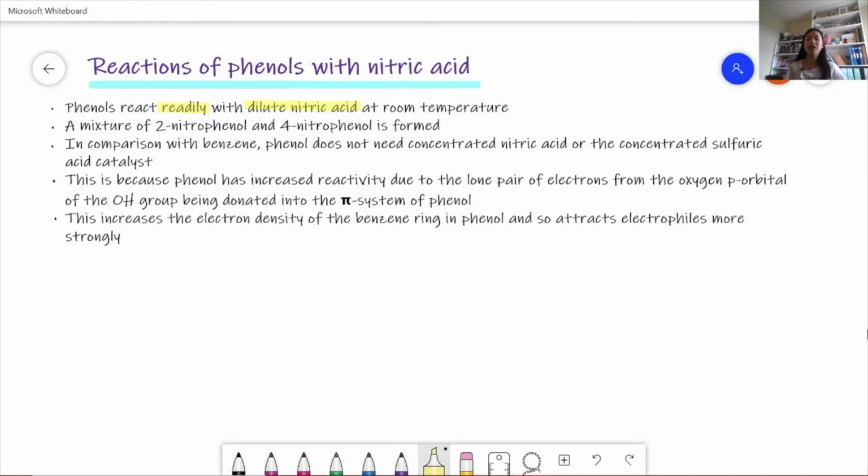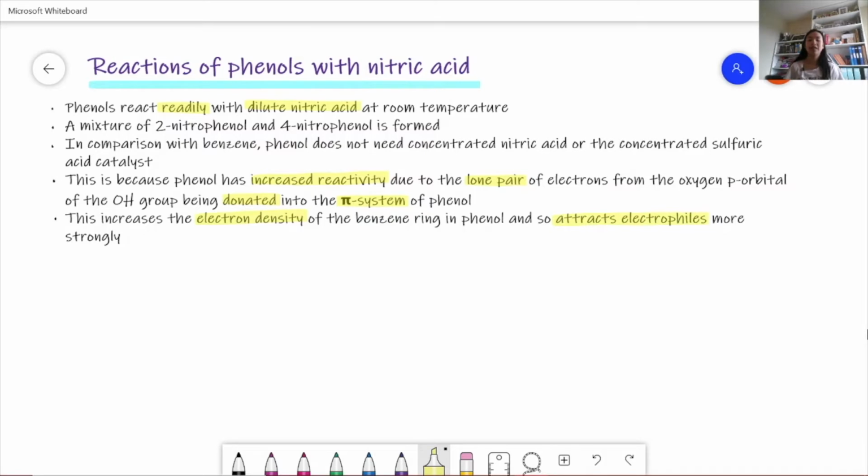And this is because phenol has increased reactivity due to the lone pair of electrons from the oxygen p orbital of the OH group, which is attached to the benzene ring, being donated into the pi system of phenol, so into the delocalized system. This increases the electron density of the benzene ring in phenol, and so attracts electrophiles more strongly.